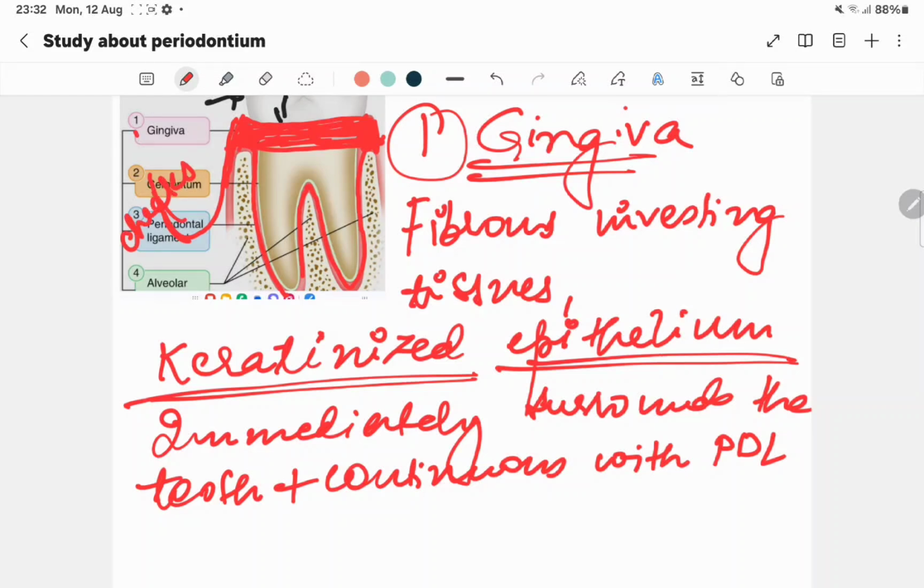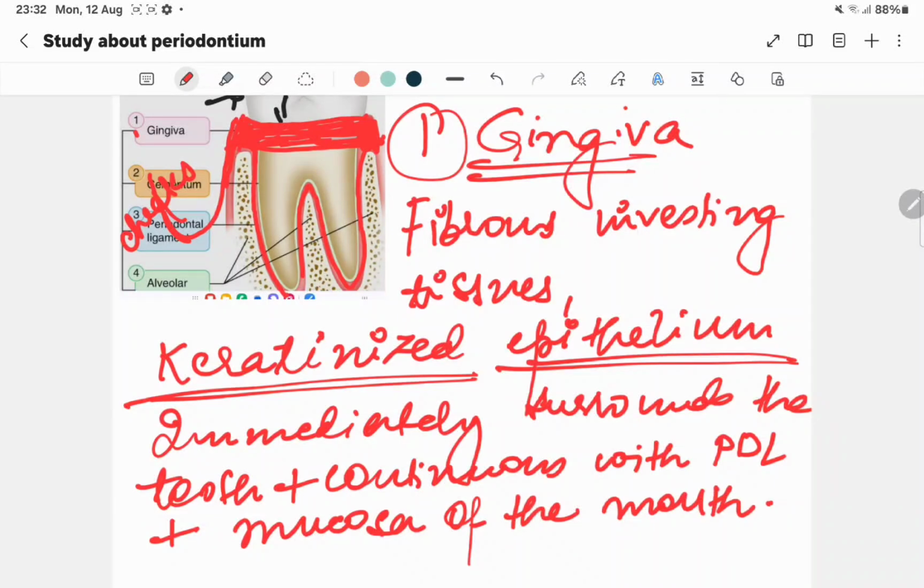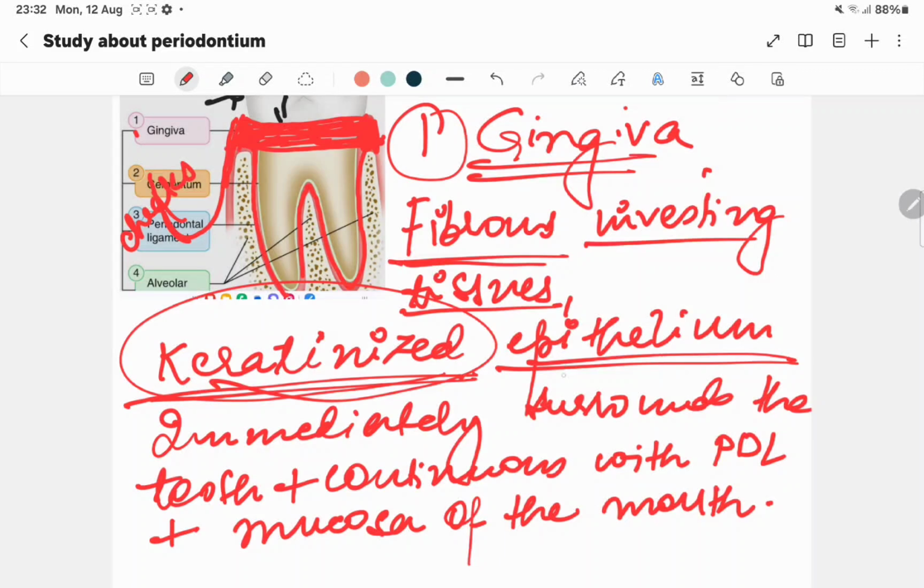So here comes the definition. Your gingiva is a fibrous investing tissue, which is keratinized. This is keratinized epithelium, and it immediately surrounds the tooth. It is continuous with the periodontal ligament and the mucosal tissues of the mouth.